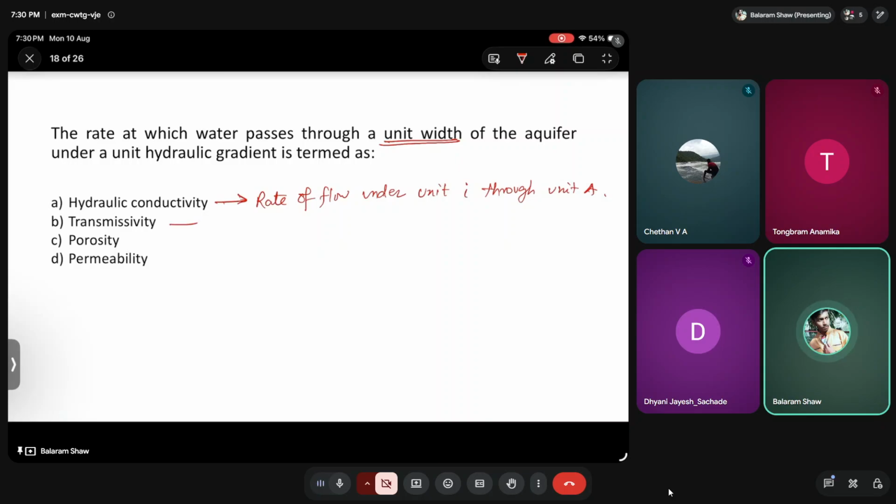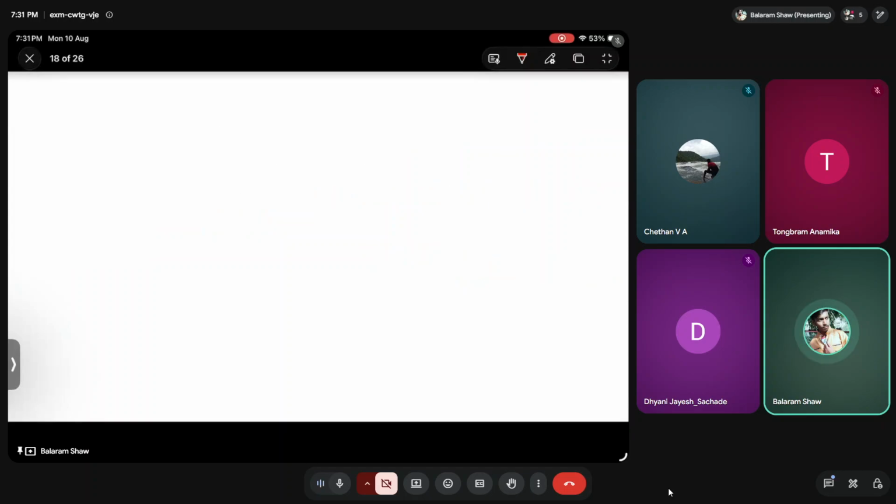Whereas transmissivity is the rate of flow under unit width. So the correct answer will be transmissivity, T, which we write as K into B, where B is the width of the aquifer. That is B.